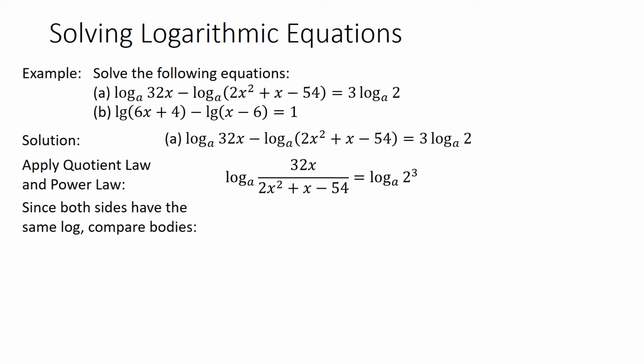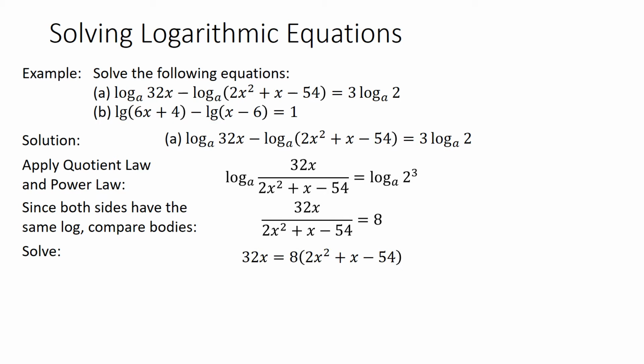Since both sides have the same log, we can compare the bodies, which means 32x over 2x squared plus x minus 54 equals 8. We can solve this equation, which will become 32x equals 8 bracket 2x squared plus x minus 54. 32x equals 16x squared plus 8x minus 432.